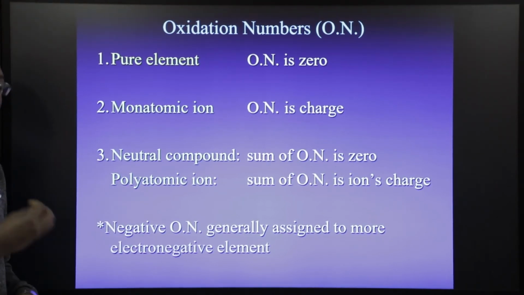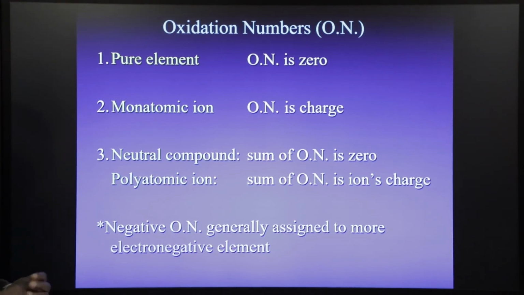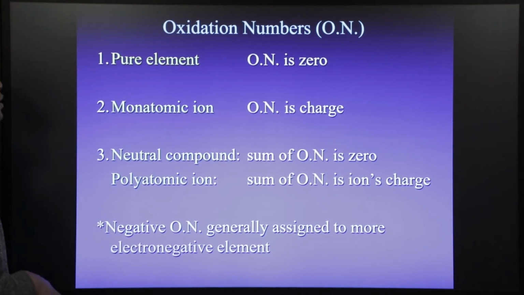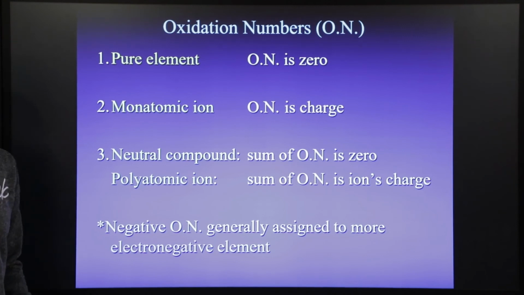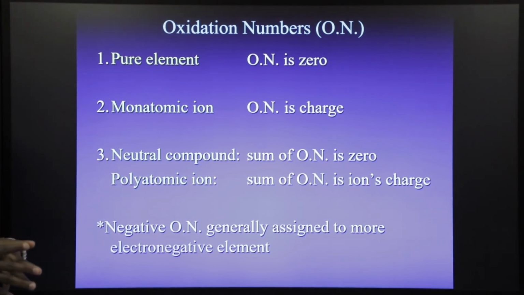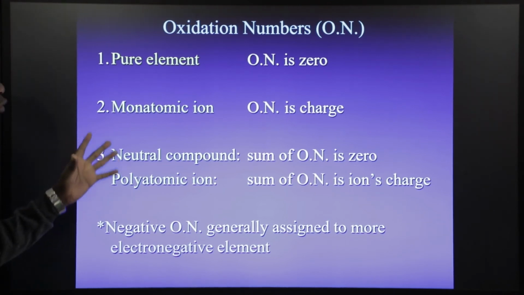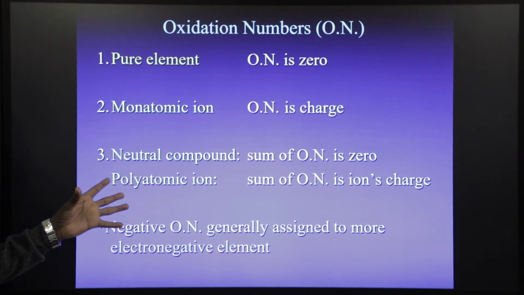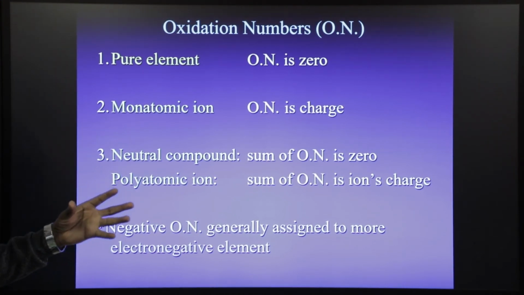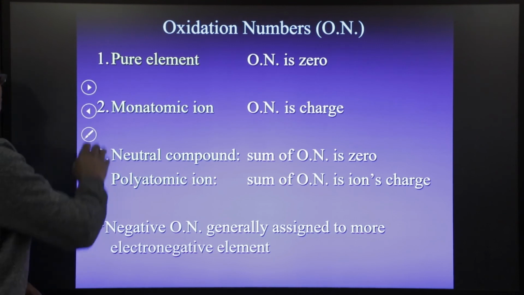A polyatomic ion's oxidation numbers add up to the ion's charge, and negative oxidation numbers are generally assigned to more electronegative elements, meaning that you must have a clear idea of how the periodic table classifies materials from left to right, from electropositivity through to electronegativity.